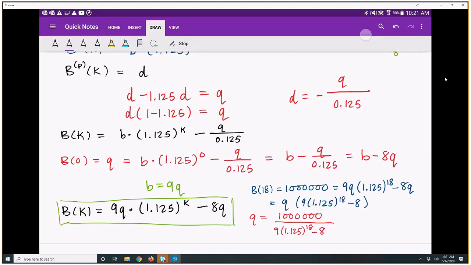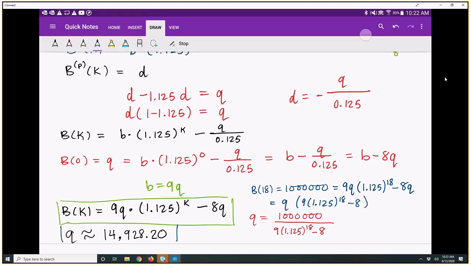And we can plug this into a calculator, and we will find that q is going to be, if I round, $14,928.20.